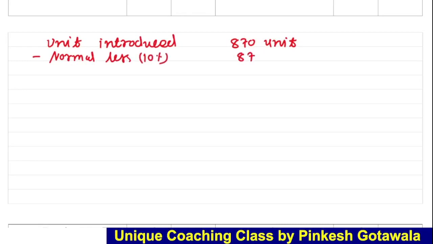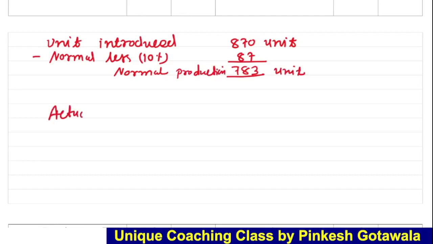So 783, it must be our normal production. Normal production would be 783 units. Let's check how much our actual production is.